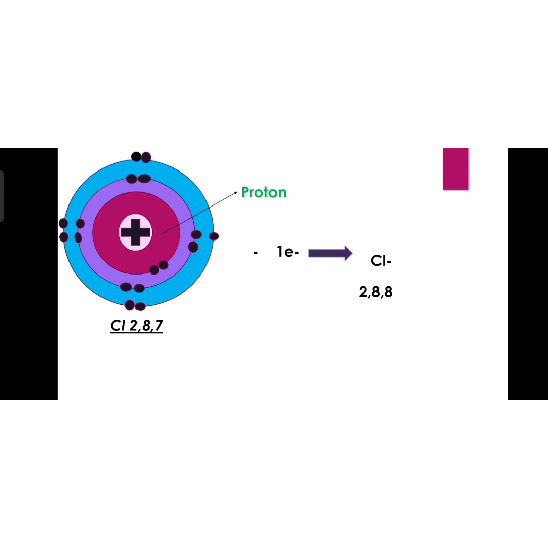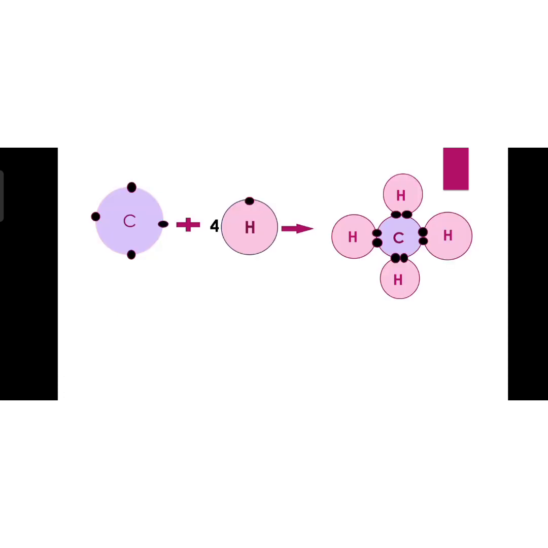What happens when an atom has 4 valence electrons? Let's take an example of carbon, which has 4 valence electrons. It is not easy for carbon to lose or gain 4 electrons, so it shares 4 electrons with the atoms of another element. See this? Each hydrogen atom shares 1 electron with the carbon atom.